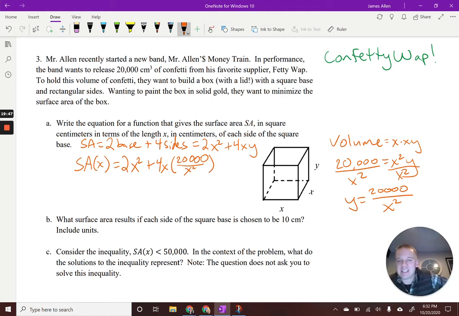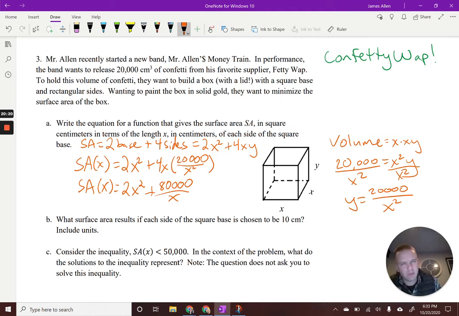I like it. Awesome. So let's do a little bit of simplifying. We don't have to plug into our calculator, but I feel like it's a little unsightly. So I'm going to have 2x squared, and then when I multiply in, the x's will reduce, and I'll get 80,000 over x. That's good stuff. It's a clean looking equation now.